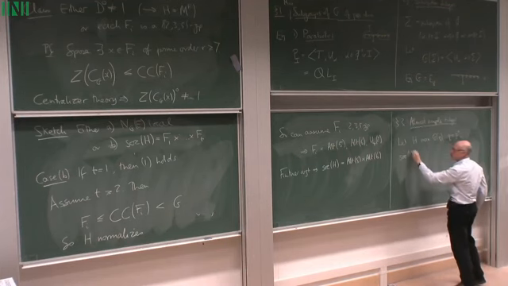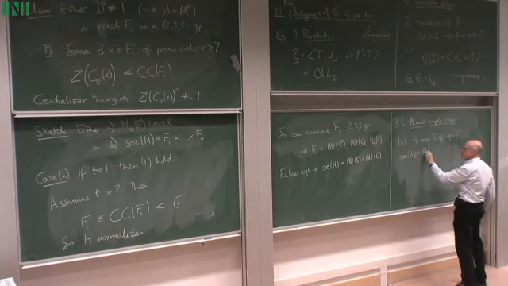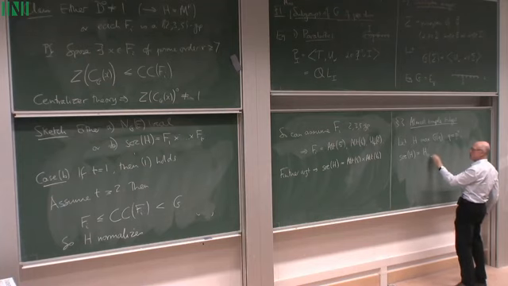So the socle of H is, let's say, H naught, a non-abelian simple group.